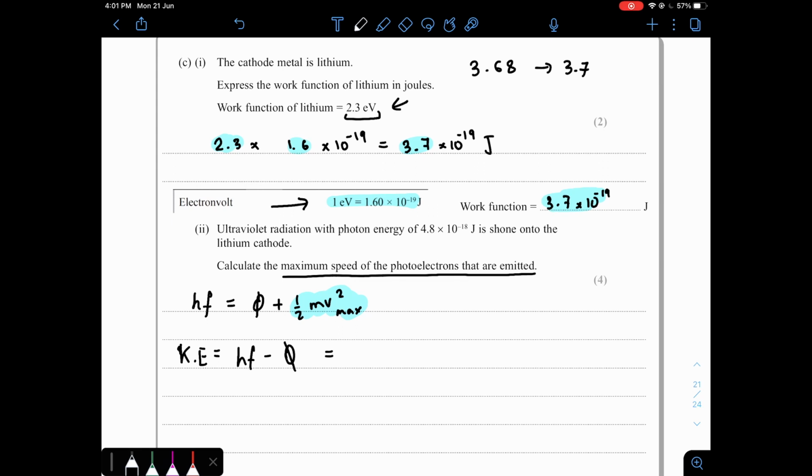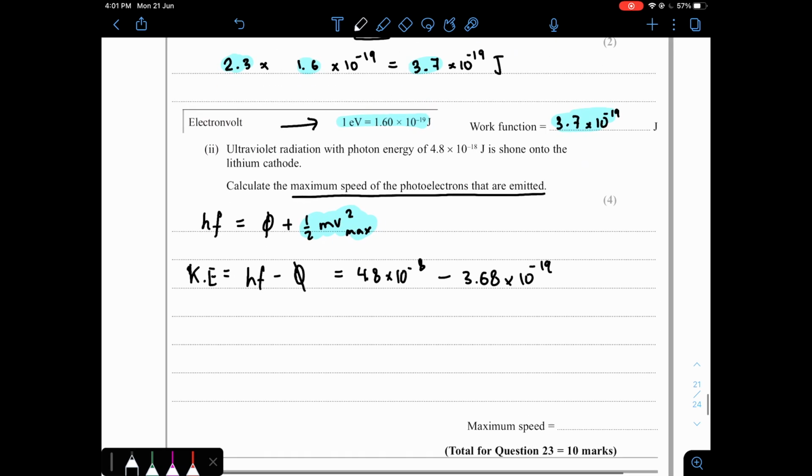So that will be what? We already know what the photon energy is, 4.8 times 10 to the power of minus 18, take away the work function. In our working out, we used the exact value, 3.68, so we don't use 3.7. We use 3.68 times 10 to the power of negative 19.